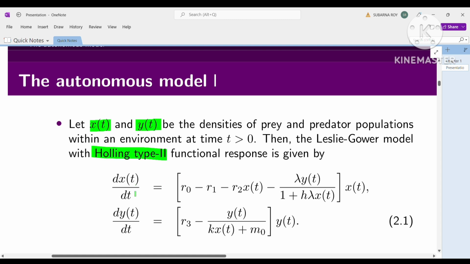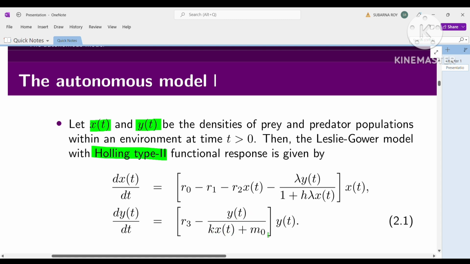So dx/dt represents the rate of change of prey density with respect to time. It is equal to (r0 minus r1 minus r2 x(t) minus this whole term) into x(t), and dy/dt is the rate of change of predator population density with respect to time, which is represented by r3 minus y(t) divided by (k x(t) plus m0).